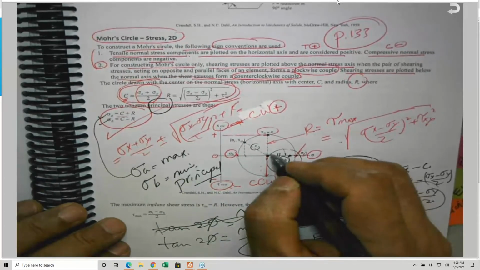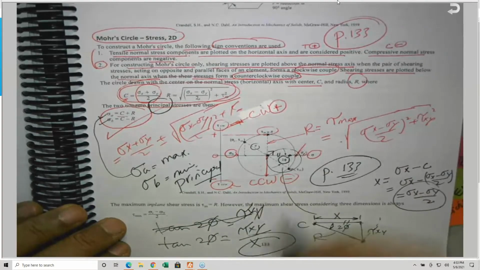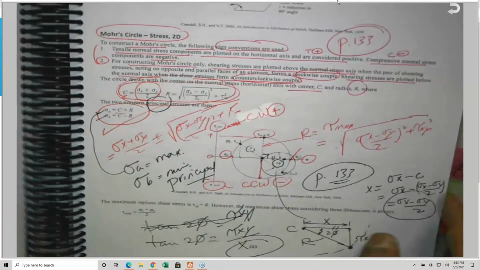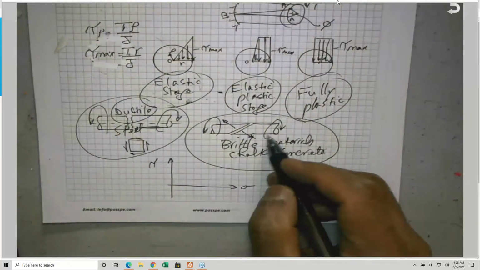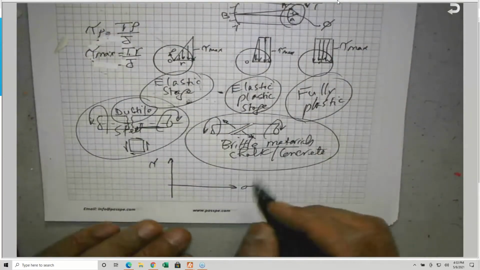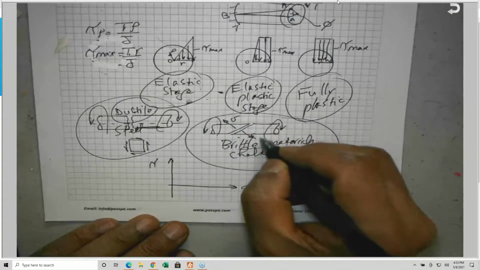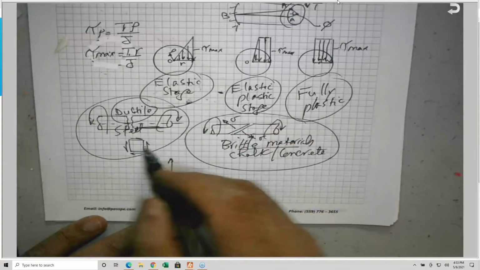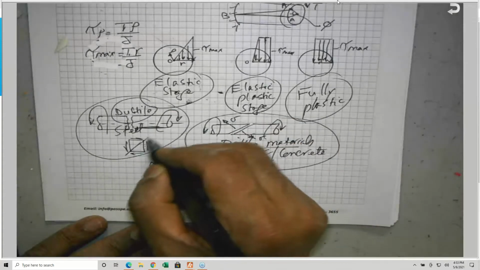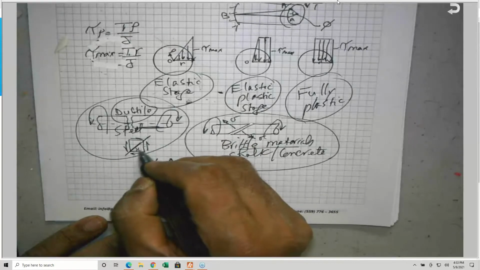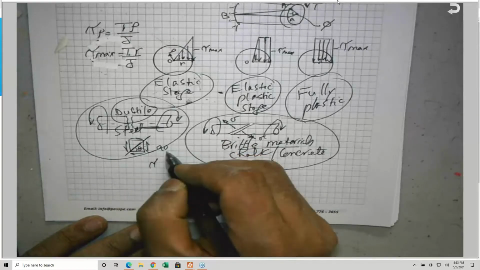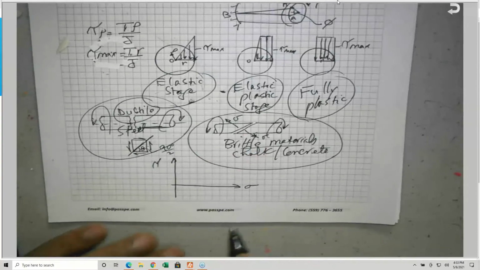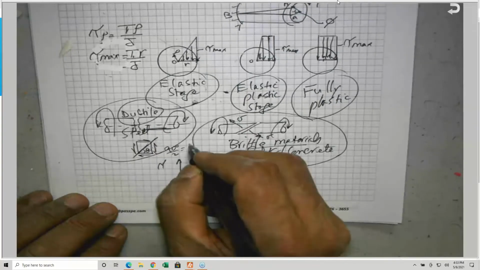So this angle here is 90 degrees. For the diagram I put here for brittle materials, you'll find that the normal stress plane is at 45 degrees, like this. If you come here, this angle theta is equal to 90 divided by 2, because Mohr's circle always gives that, so 45 degrees.